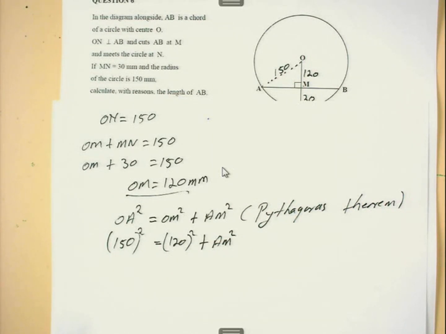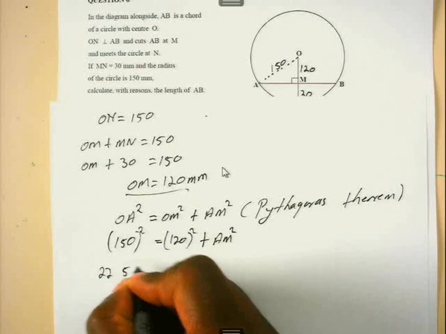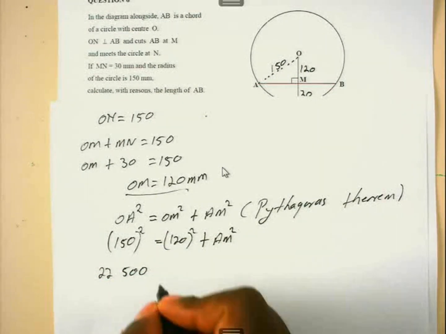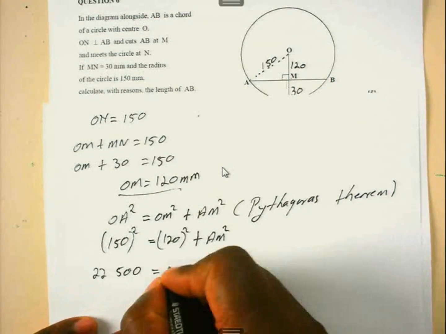I think 150 squared will give you 22,500, which is equal to 120 squared. Let's check 120. When you square it, what will be the value? 120, when you square it, you've got 14,400.